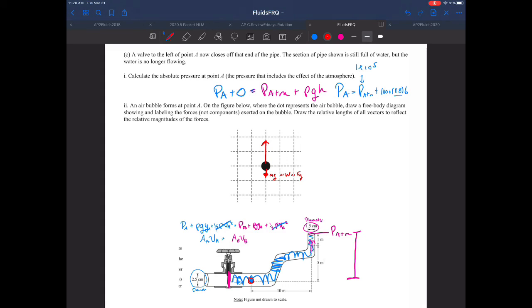If you want to label that FB, that's good. And if you wanted to calculate it, it's density of water, gravity, volume of the bubble. The key here is to make sure your buoyant force is bigger than your mg, because you're trying to draw the lengths of the vectors. Anytime you see a diagram with the grid there, you need to make sure that you express the bigger vector as looking bigger.